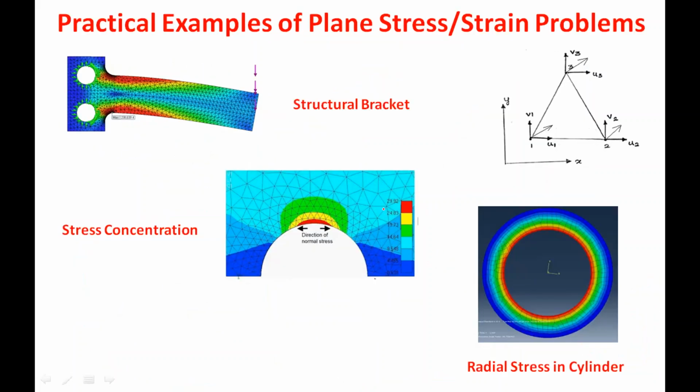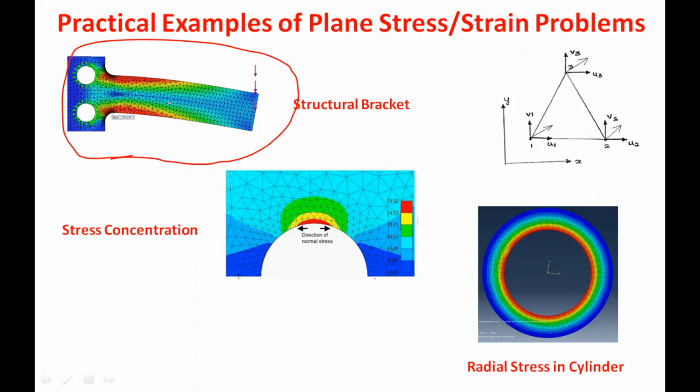In the finite element method, when we solve practical problems, we will discretize the given structure into many elements. Depending upon the size of the body, the number of elements will vary. Now, we are going to solve the problem manually in the plane stress and the plane strain conditions.